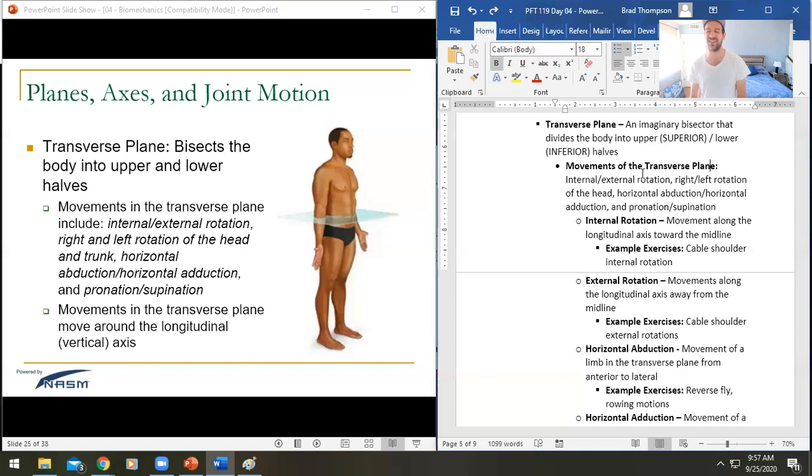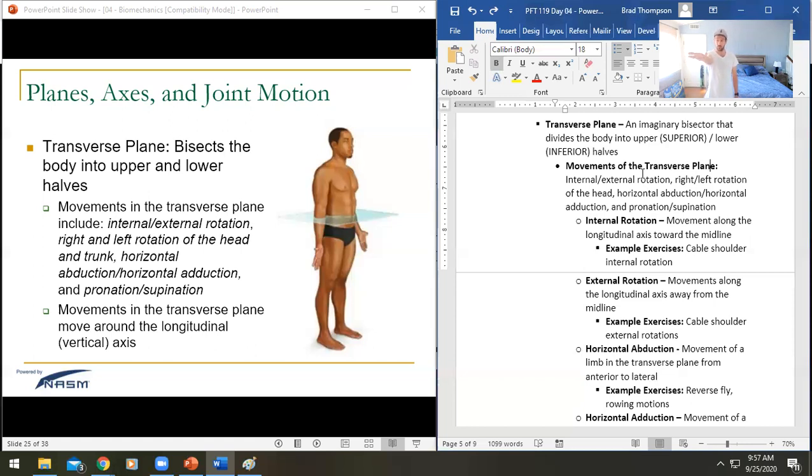So horizontal abduction, right? Abduct means to go away from. So I am horizontally moving away from my midline, or I am horizontally moving toward my midline. And those are both transverse plane movements as well. Then you've got, again, pronation and supination. Supinated, pronated.